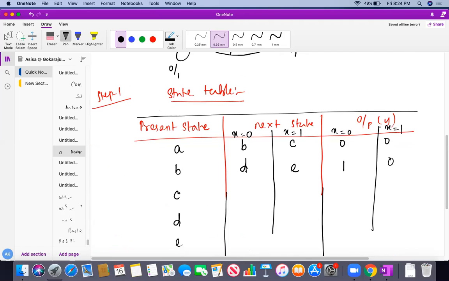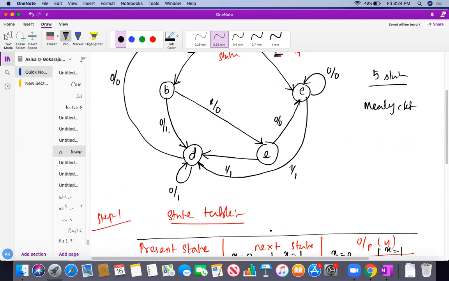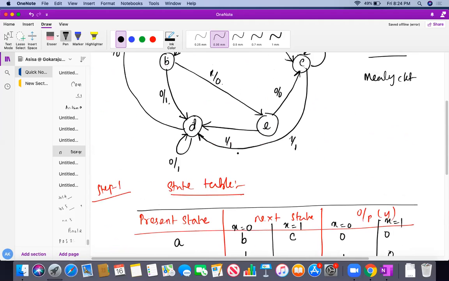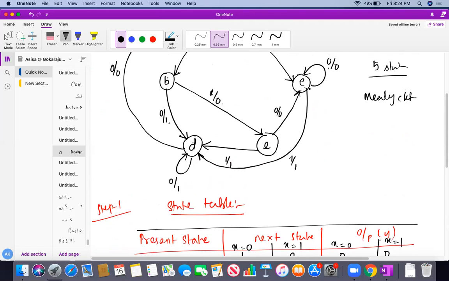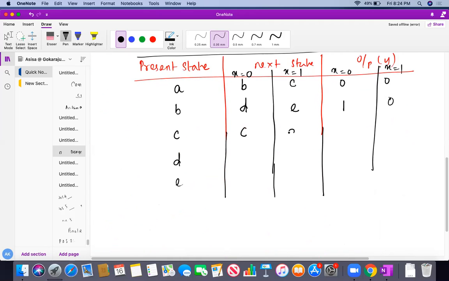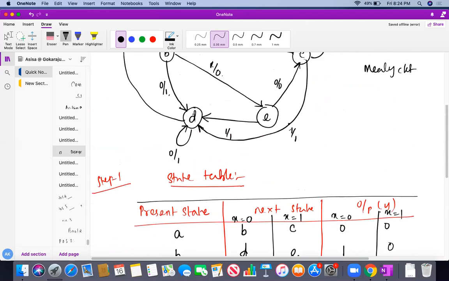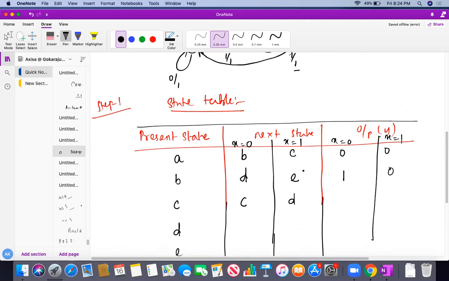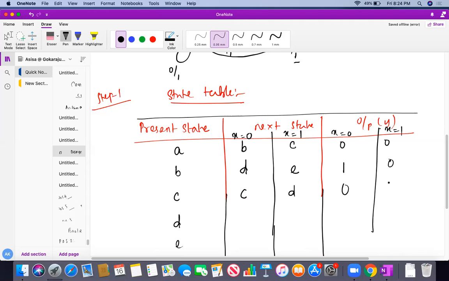Now I'm at my present state C. At input 0, I stay at the same state C only. And for input 1, I am going to next state D. And what are my outputs? My outputs are 0 and 1.